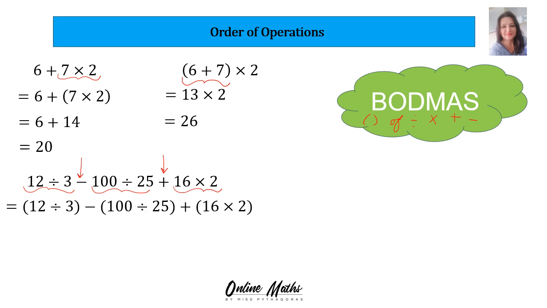And then 12 divided by 3 is 4, minus 100 divided by 25 is 4, and plus 16 times 2 is 32, and then 4 minus 4 is 0 plus 32, and the answer is 32.